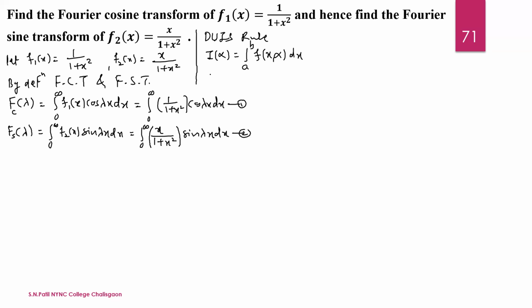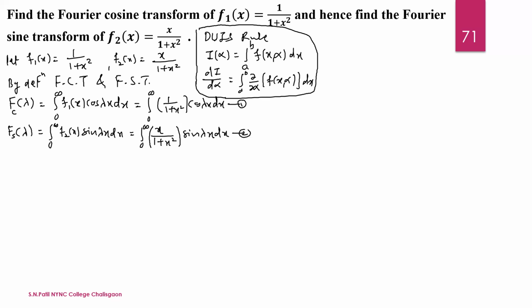We differentiate I with respect to alpha, d by d alpha, and when it comes inside the integration, it becomes the partial derivative of the function with respect to alpha. So this is the DUIS rule.